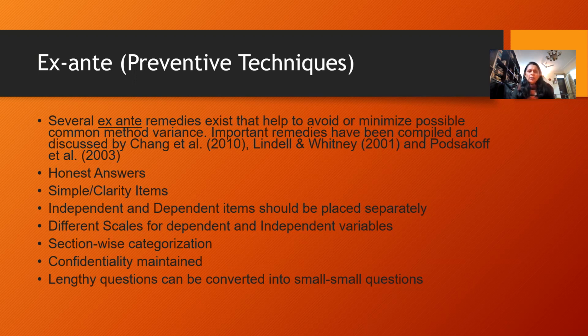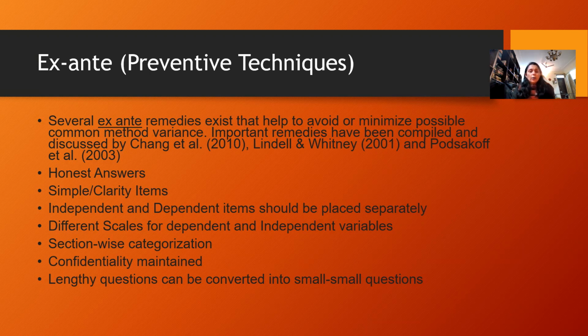The most important thing is that the items you are taking into consideration should be very small, very simple, and there should be clarity. And we require honest answers, because sometimes people think nothing is right and nothing is wrong in this questionnaire when filling it.